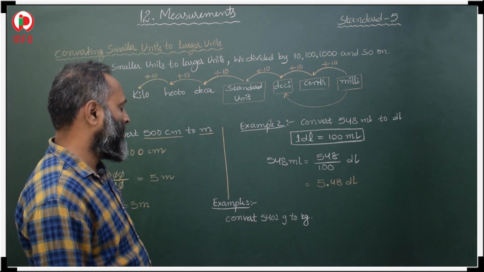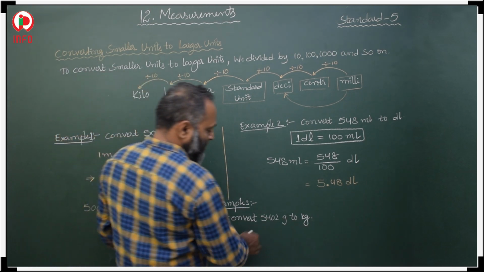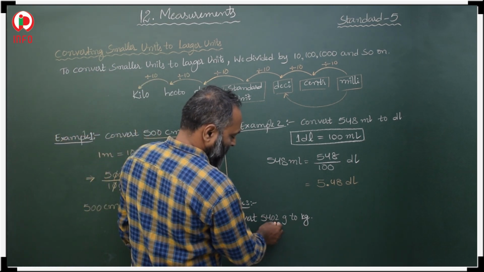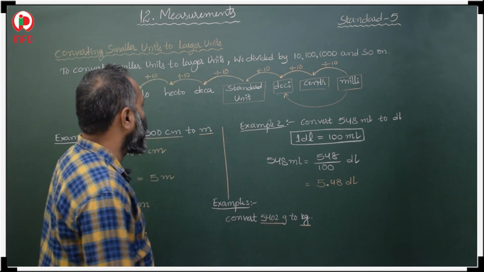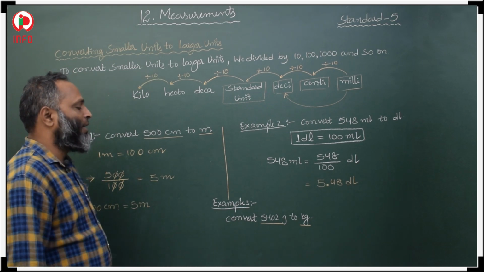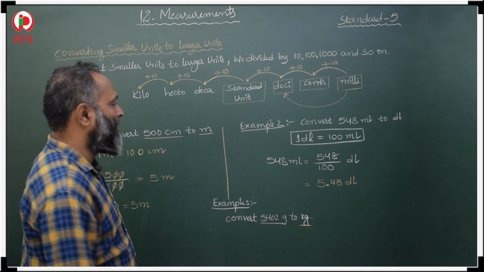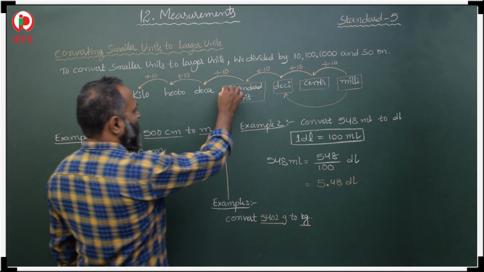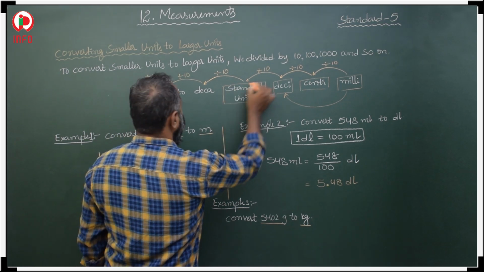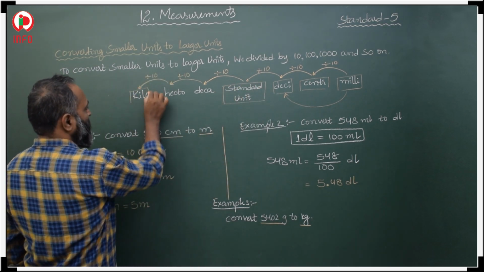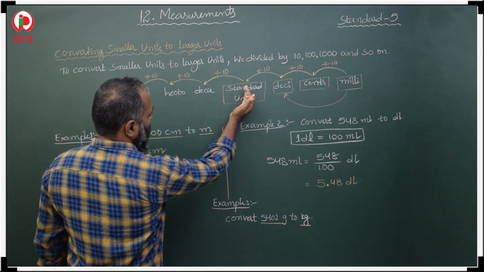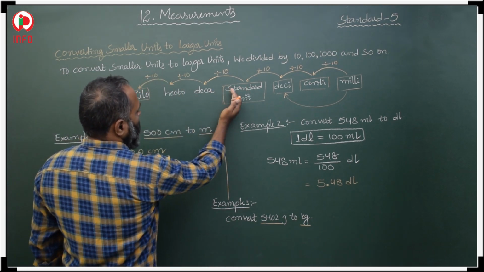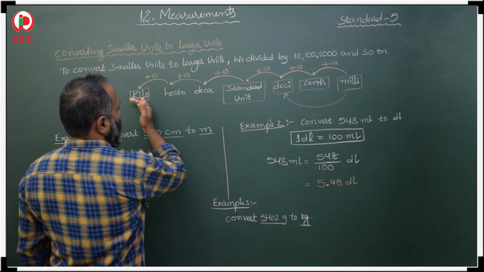Then after that, convert 5402 grams into kilograms. Grams are the standard unit, and we go from grams to kilograms: deca, hecto and kilo, 3 places.